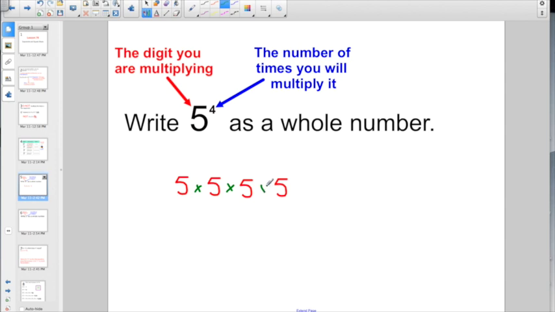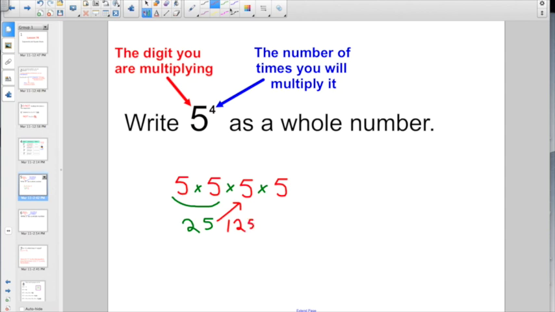So remember, when you multiply, you can only multiply 2 numbers together. So I set it up like this, but I'm going to have to do it step by step. 5 times 5 is 25, right? So then I take that 25 and multiply it by the next number. 25 times 5 gives you 125.